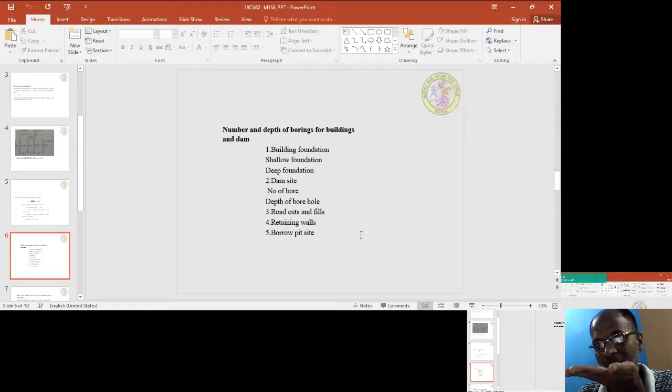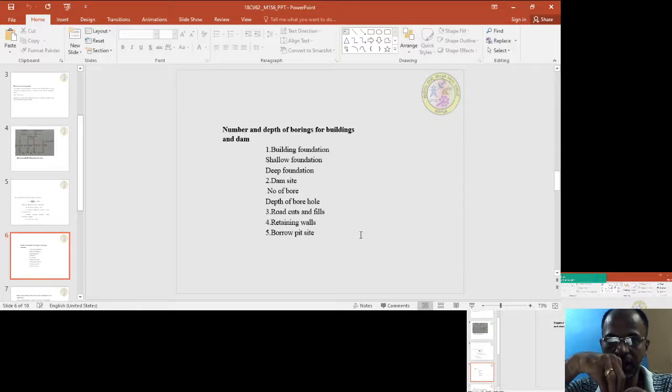The depth and the radius from the center line of the load are called the significant depth and significant zone respectively. Significant depth means the depth up to which the variation of the soil strata on application of load will be considered for design of any civil engineering structure.